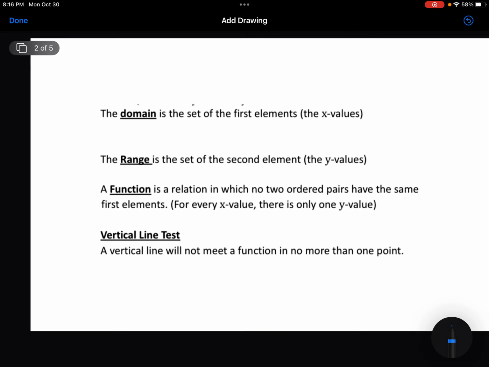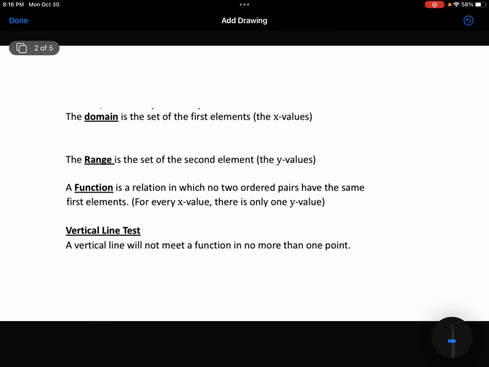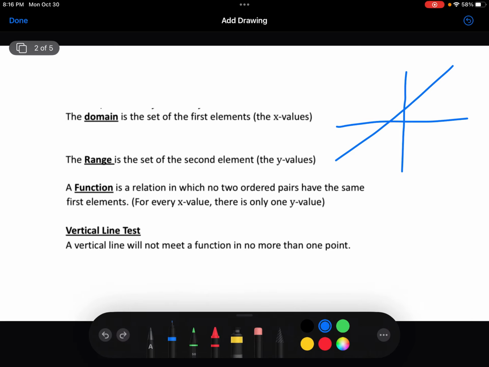Okay, now we can look at this through a vertical line. So if I were to draw a graph, the easiest way to do this is if I drew a line like this. Now, if I put a vertical line on the page, I'll put it in a different color here. If I put a vertical line on the page, this never is going to touch another part of that graph, that diagonal line.